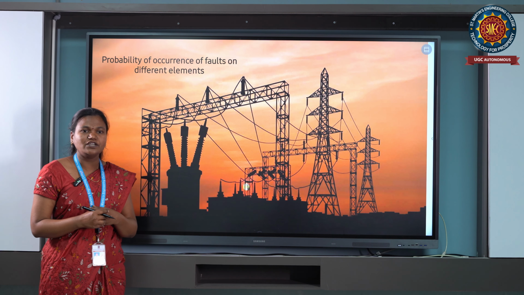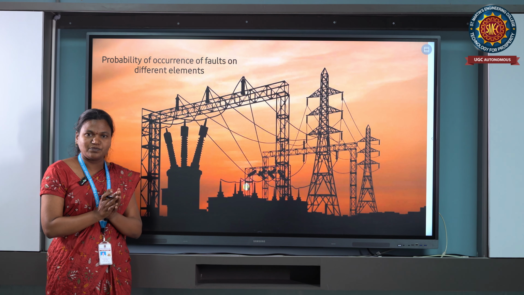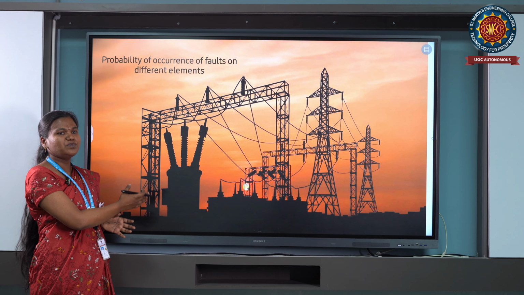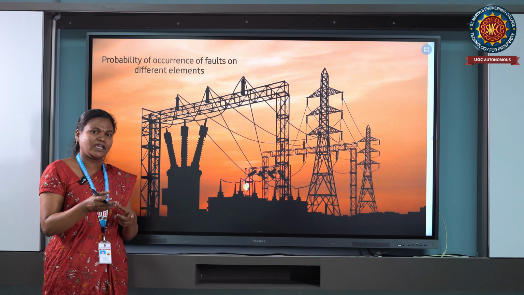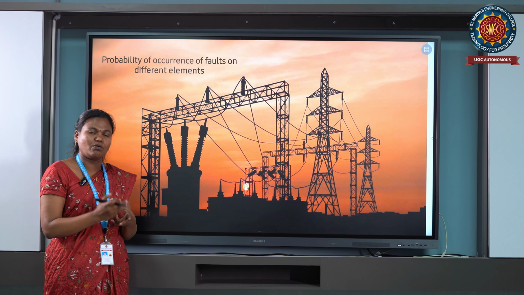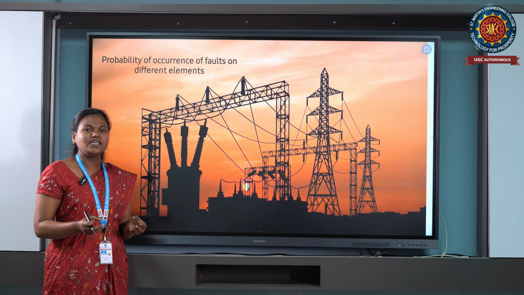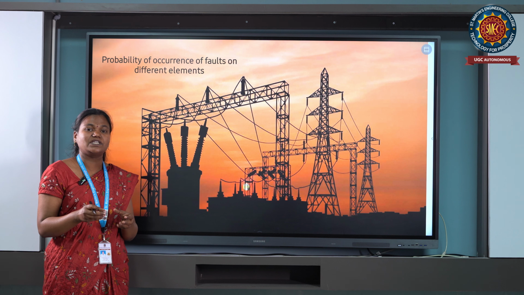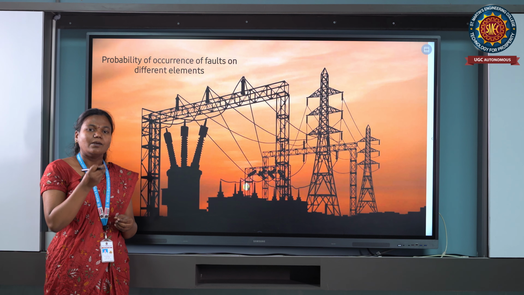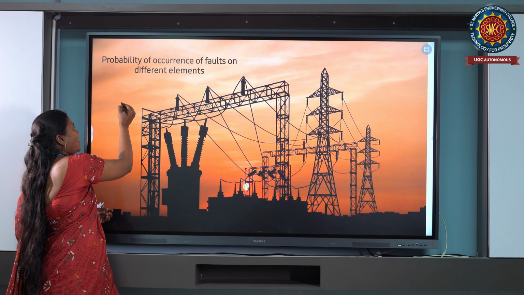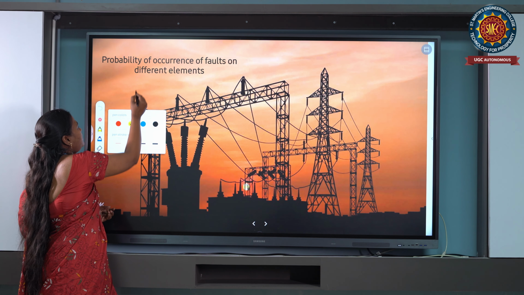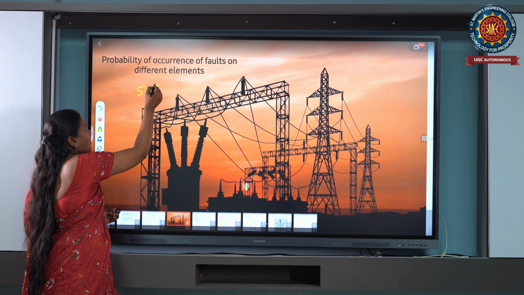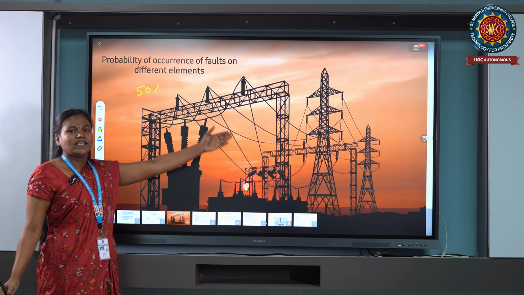Most of the major faults occur on the transmission lines, because these are always affected by weather conditions like rainy seasons, fog, dust, and wind. Overhead transmission lines are affected mostly. That is the reason major faults occur on overhead transmission lines. Up to 50% of faults occur only on overhead transmission lines.